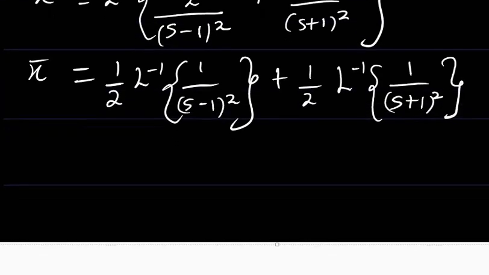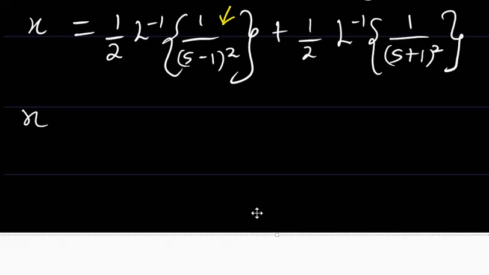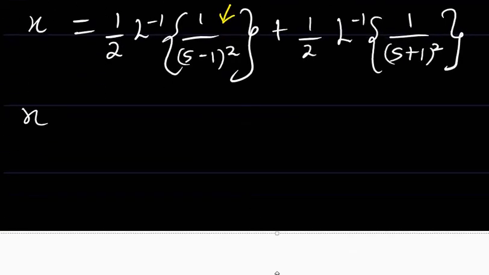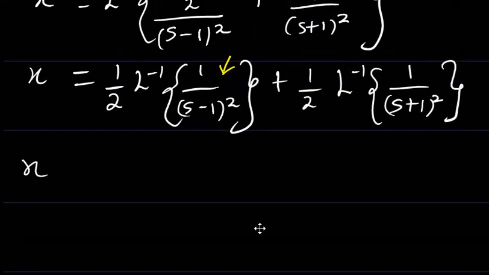So this is no longer x bar. The inverse Laplace transform of s bar is x. Look at this. What do you think is the inverse Laplace transform of this? I know what you think. That is the first shift theorem, right? This is actually the inverse Laplace transform of s, but s has been replaced by s minus 1.